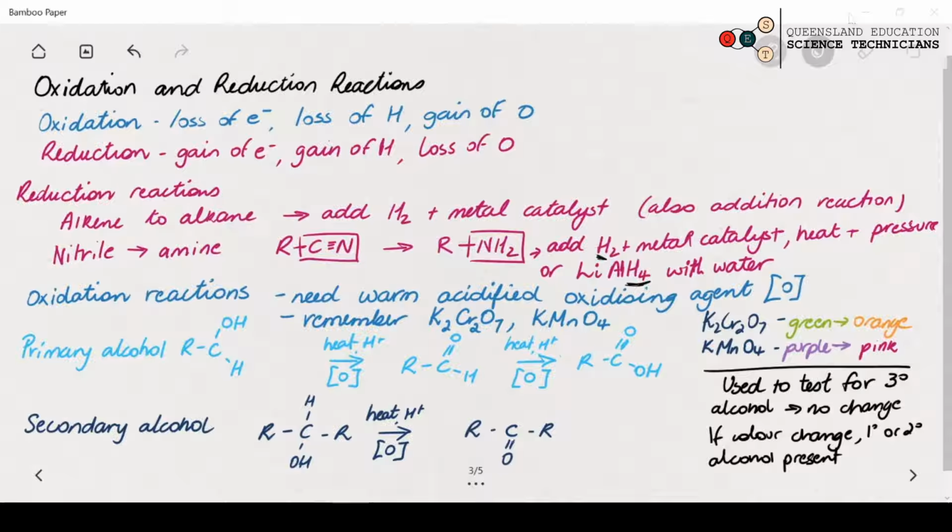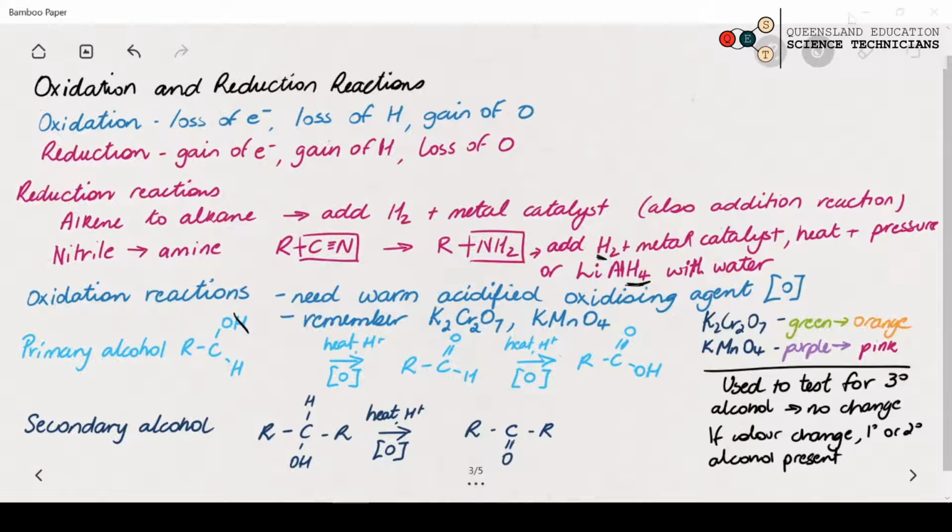So primary alcohols, where we have our carbon with the OH on the end, you can see here that with my primary alcohol, when I'm removing this hydrogen, I form that double bond, which then forms my aldehyde.